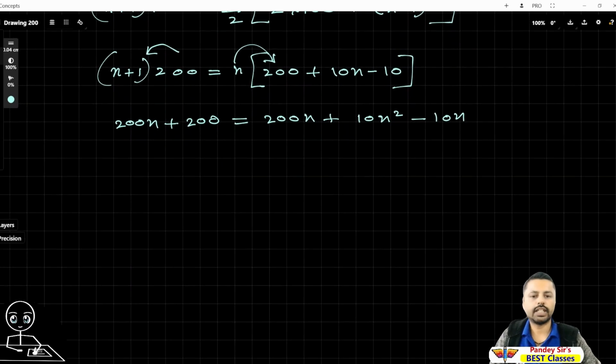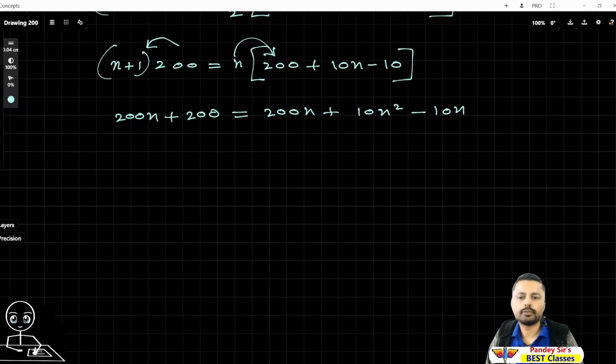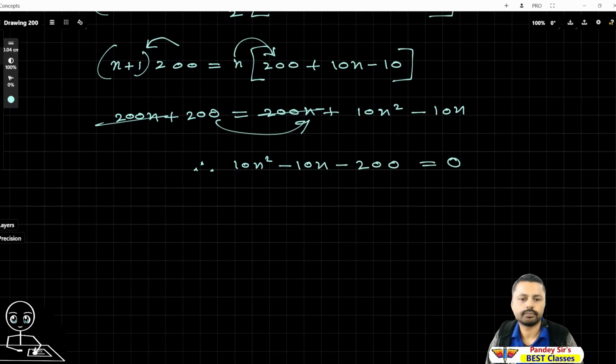Now let's bring those values on the same side. I'll take all these values to this side and this will get cancelled. Obviously this 200n and 200n will get cancelled. 200 will come this side. So we get 10n square minus 10n minus 200 equal to 0. Therefore divide all by 10. So we get n square minus n minus 20 equal to 0.